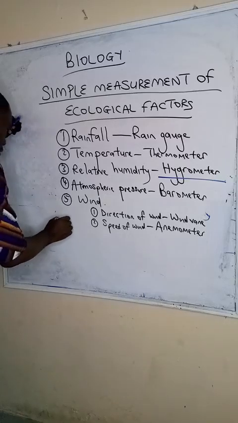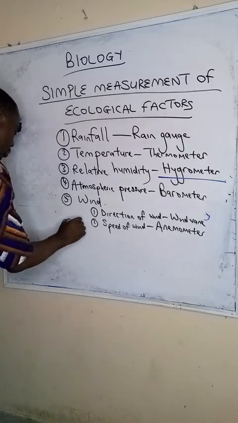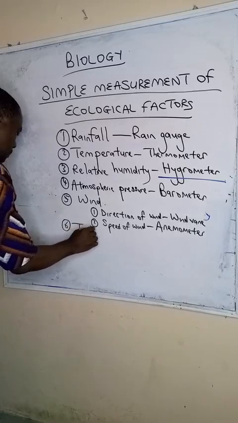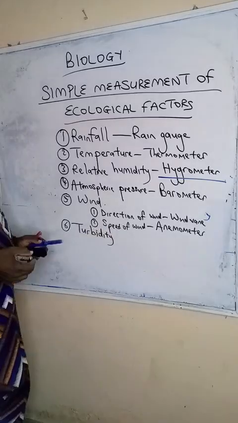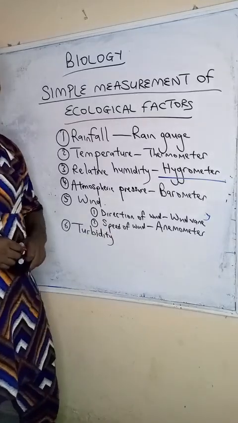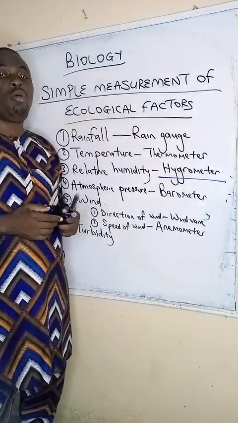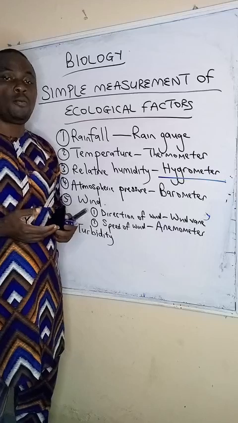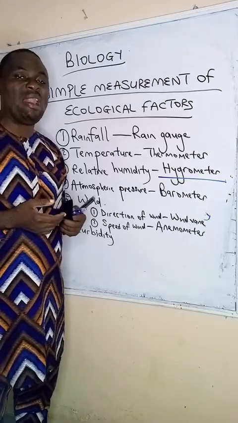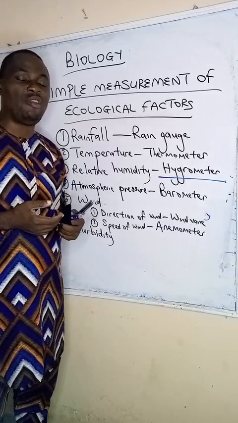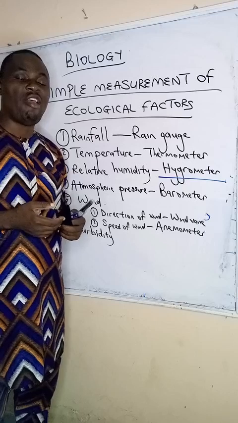And we have something called turbidity. Turbidity deals with the amount of suspended particles present in a water body. If a water body is highly turbid, it has excess suspended particles.